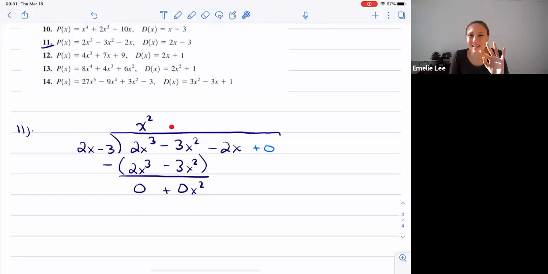So that's nice because then we can jump ahead. What we get here is plus 0x, technically. If you take 0x squared divided by 2x, you could just write 0, but it's nice to have the decreasing powers of x here.